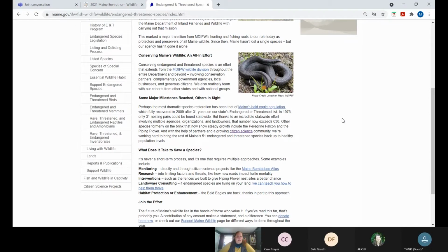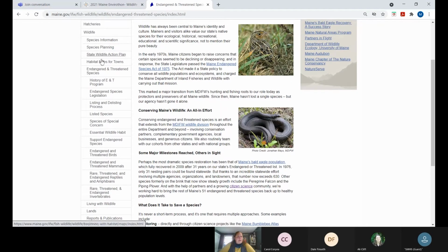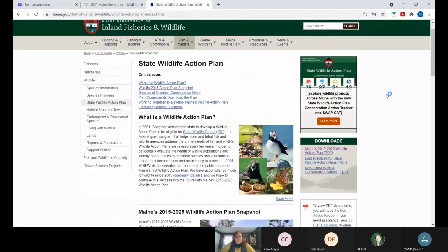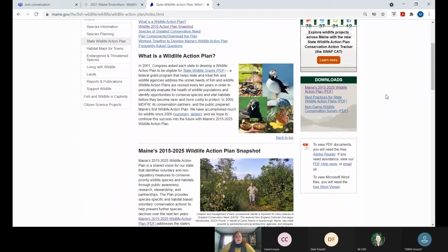It's also good to understand how the listing process works for species. And then again, the Wildlife Action Plan is really well laid out, and there are annual reports that are written by the biologists that are doing the active research.